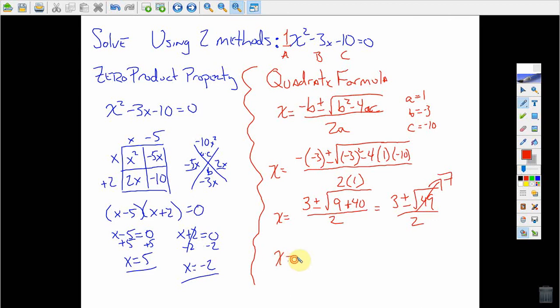So we're going to have x equals 3 plus 7 divided by 2, and x equals 3 minus 7 divided by 2. Well, 3 plus 7 is 10, divided by 2 is 5. 3 minus 7 is negative 4, divided by 2 is negative 2. I'll put an x equals here too. So we get 5 and negative 2, which is the same thing we got factoring it the other method. So that's a good check. It lets us know that we did them correctly because both the methods match.